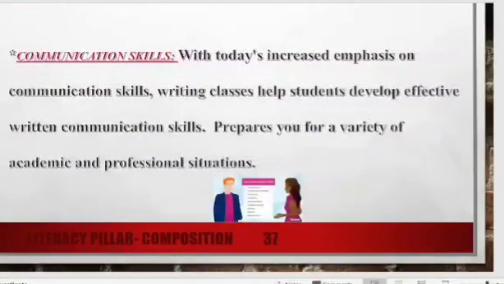Communication skills: with today's increased emphasis on communication skills, writing classes help students develop effective written communication skills. It prepares you for a variety of academic and professional situations.